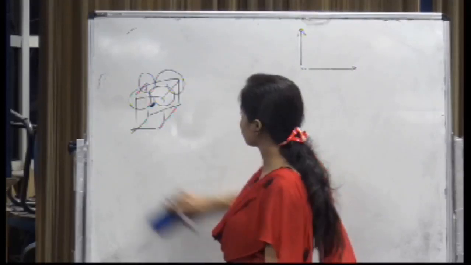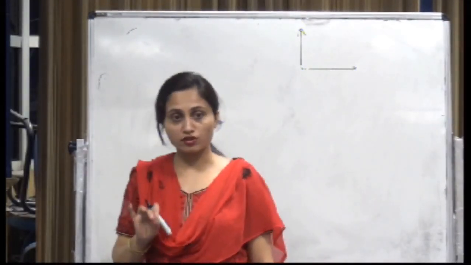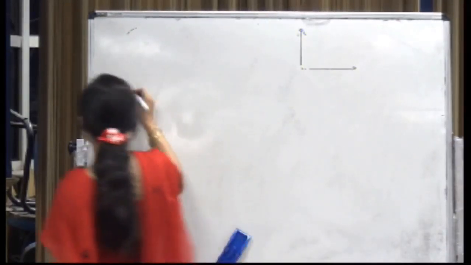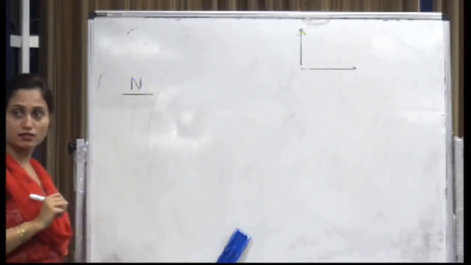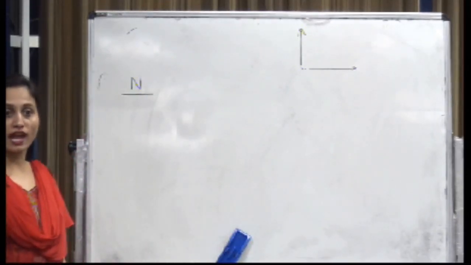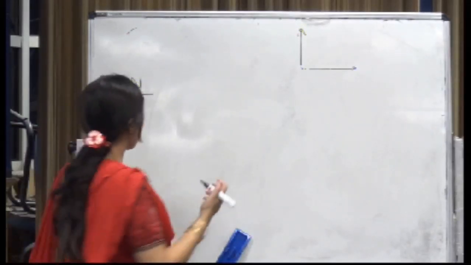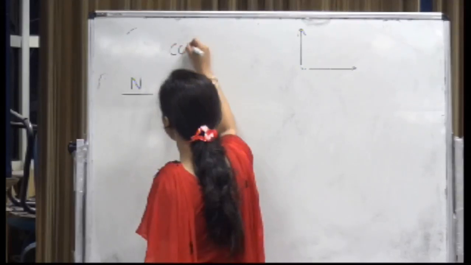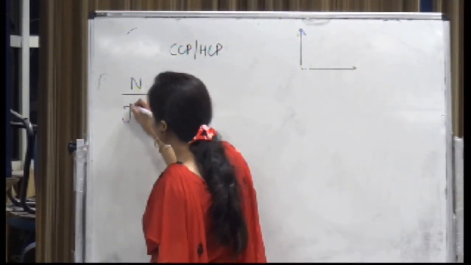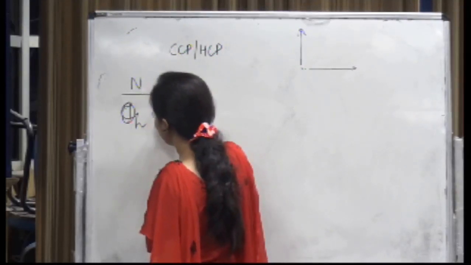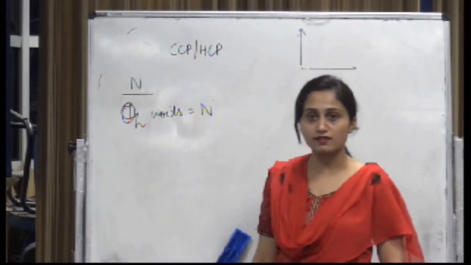Got it? Now from the numericals point of view, there is an important thing: if your crystal system comprises n atoms, there are close packed structures. You can have a CCP structure or you can have an HCP structure. When you talk about a CCP or an HCP structure, remember that the total number of octahedral voids will be equal to the number of atoms possessed by the system.